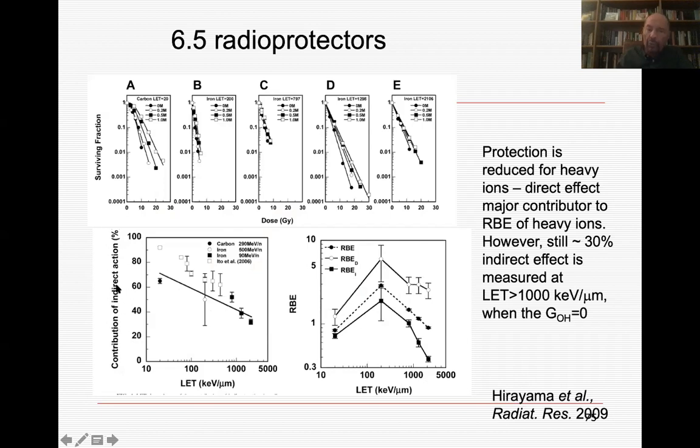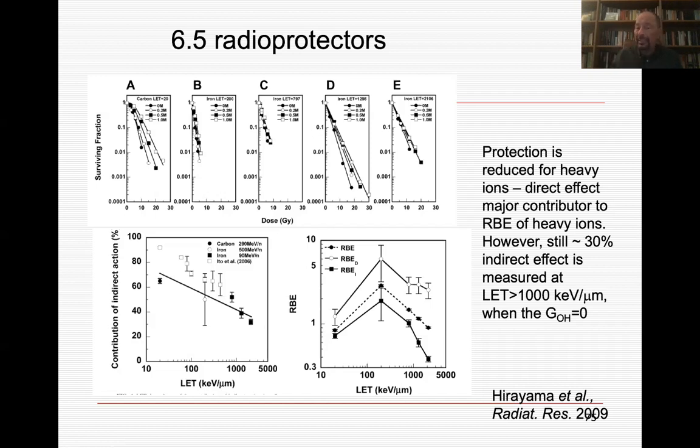These are curves of the RBE. But you see what is interesting. The contribution of indirect action, which is about 80% when you are at low LET, should go to 0 here, when G_OH becomes 0. The G value for the production of the hydroxyl radical is 0, but you still have a fraction which is dependent on the indirect effect, showing that maybe it's not only a problem of free radicals, but there is some other chemistry that plays a role even for the direct effect.